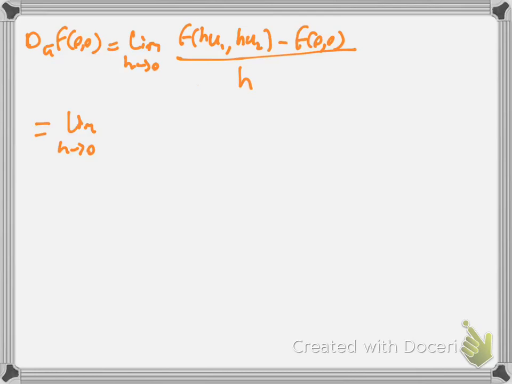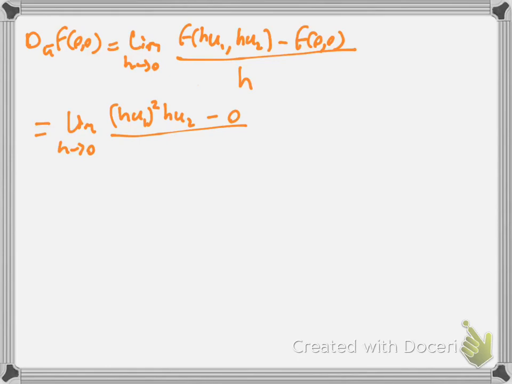So what we get is, I replace x by hu1, so we get hu1 squared times hu2. f of the origin is given as 0, so that's 0. And then we divide by h. Okay, sorry, I forgot the denominator.